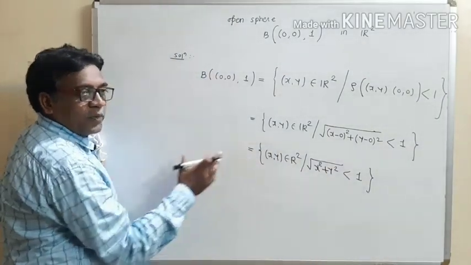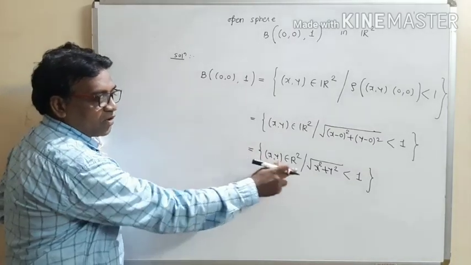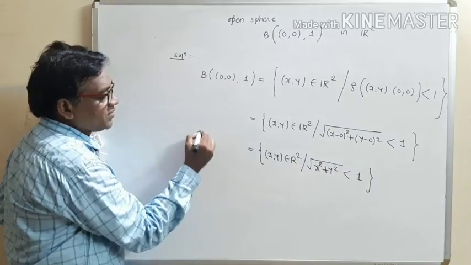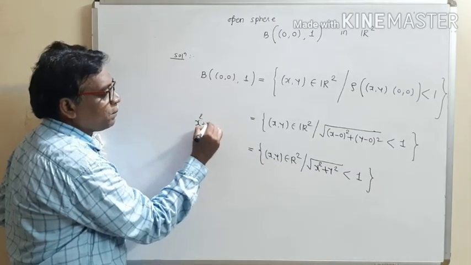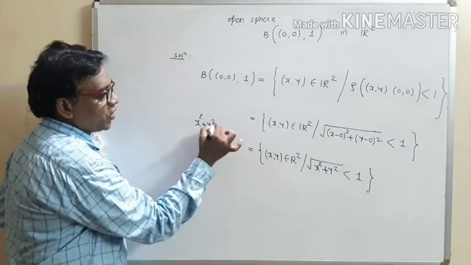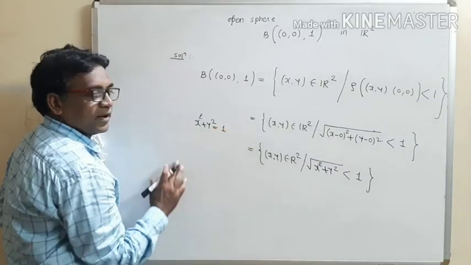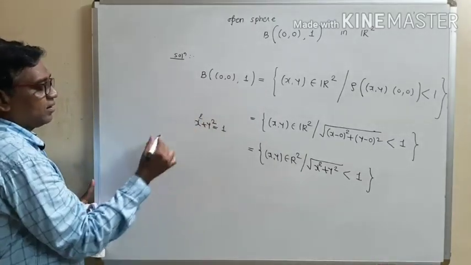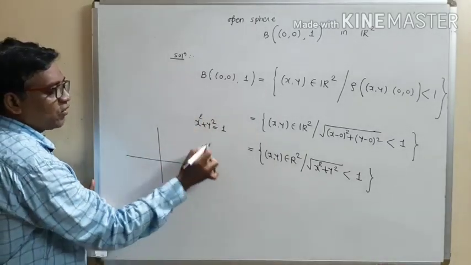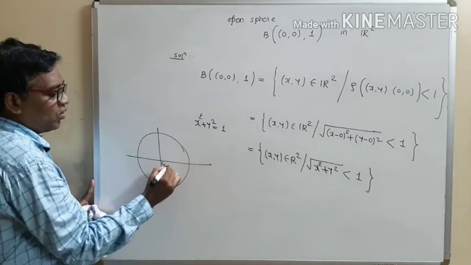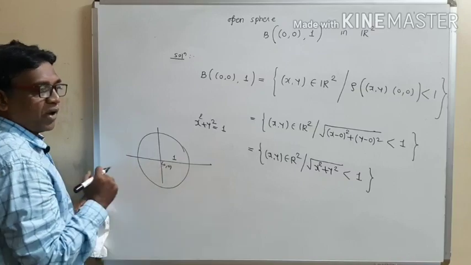Now see what this open sphere is. If we draw this open sphere, then what is this equation? We have the equation x square plus y square less than 1. So instead of less than, just take equality. If we draw this curve, then it is a circle. This is the equation of a circle with center at origin and radius 1.